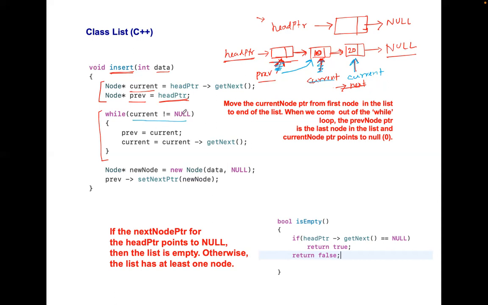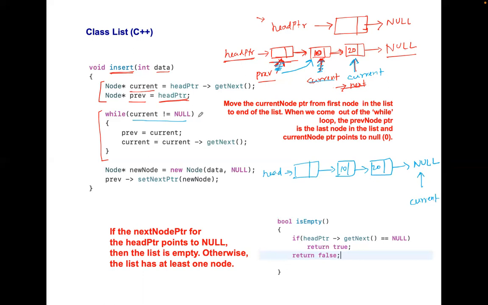When the current will be null, it will exit from the loop. But when the current value is null, what will be the situation? We have head, 1 node, 2 node, 3 node, and we have null here. So when current is null, it means current is pointing to a null pointer.